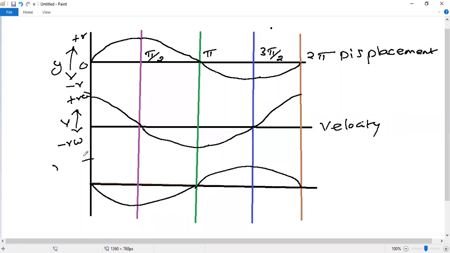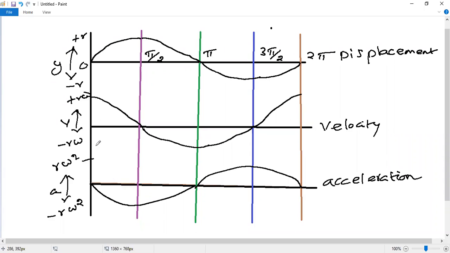R omega square, minus r omega square, the total acceleration. So the remainder is the same. This is pi by 2, pi, 3 pi by 2, 2 pi. Based on this graph, we can fill the table.